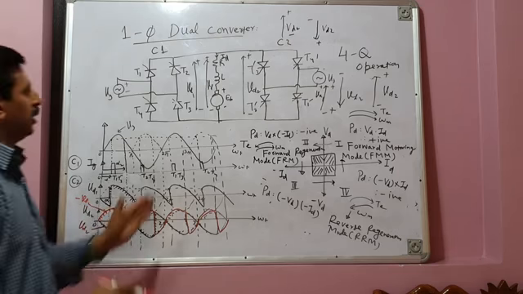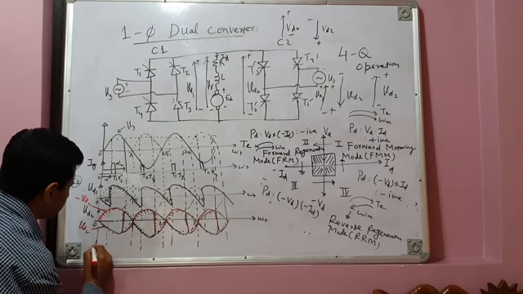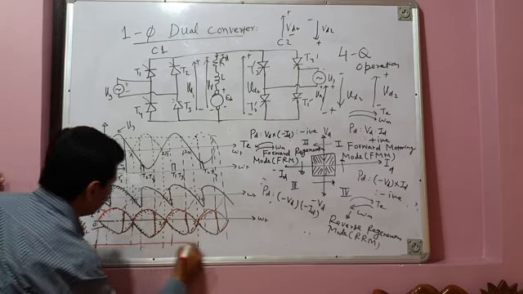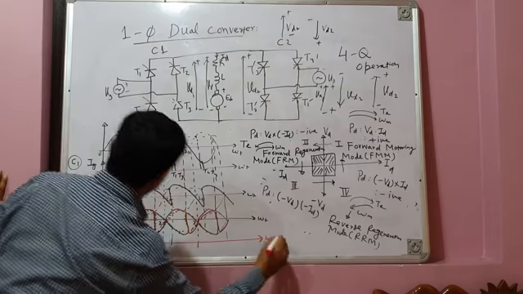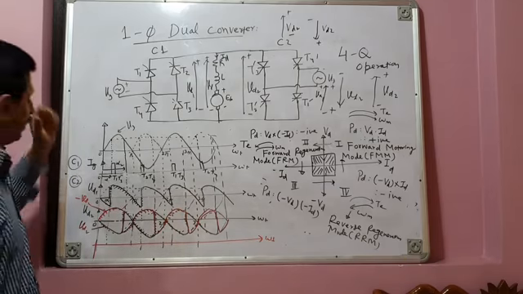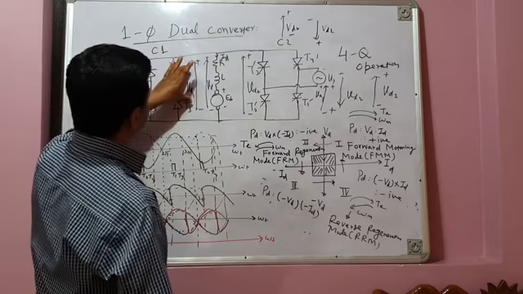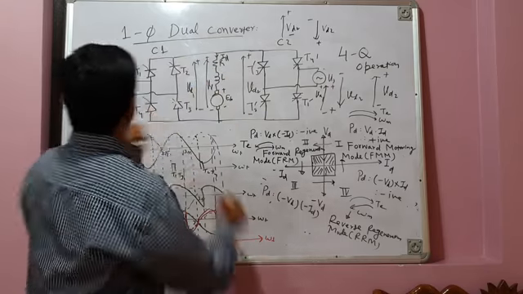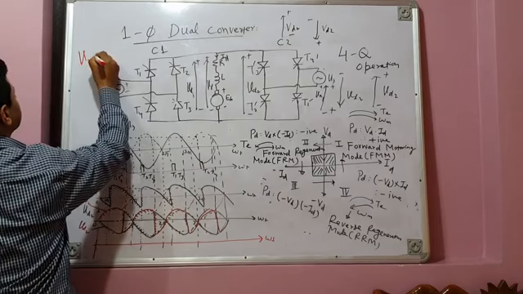Therefore, what I will do is take the difference between the two voltages. If I plot the difference between the two voltages, let me show you. I will use another axis. Now, when you find the difference between the two voltages, you have to subtract them. The difference between the instantaneous values of voltage VD1 and VD2, let me call that voltage VR.